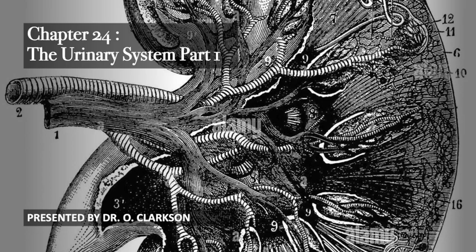Then the other one that's going to be important is going to be pushing back into the glomerulus, capsular hydrostatic pressure. So that's going to be operating in the opposite direction of the glomerular hydrostatic pressure. And then the next one would be the blood colloidal pressure, which in the previous slide, we referred to as the glomerulus osmotic pressure.